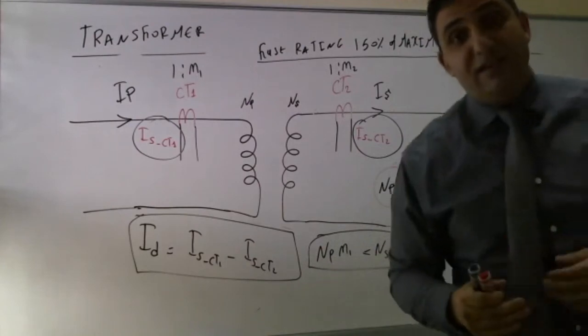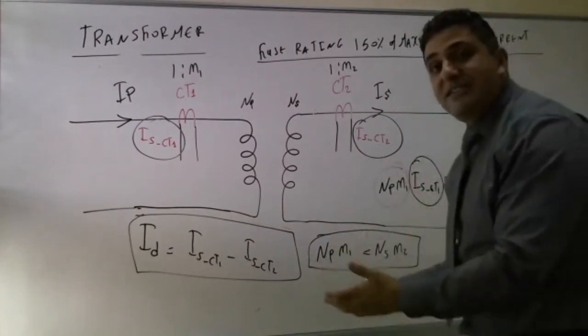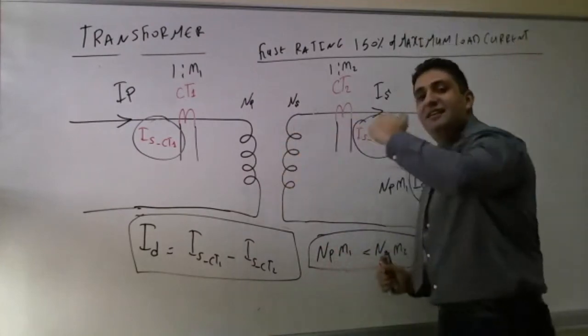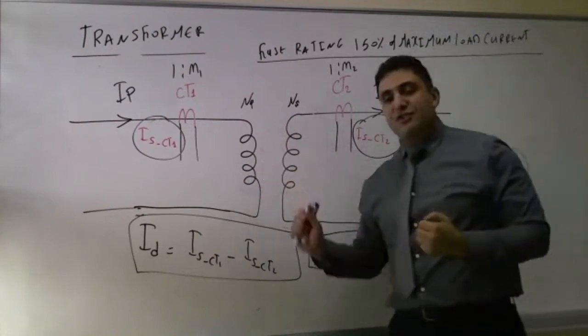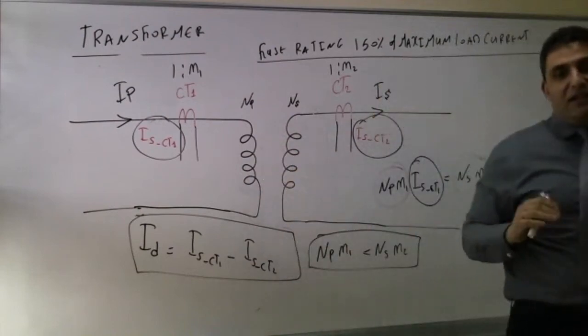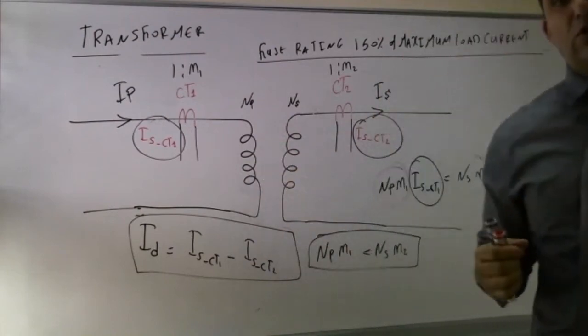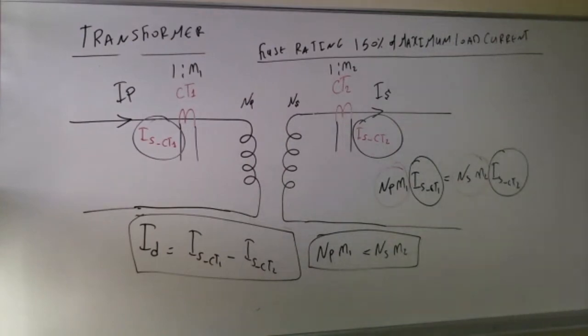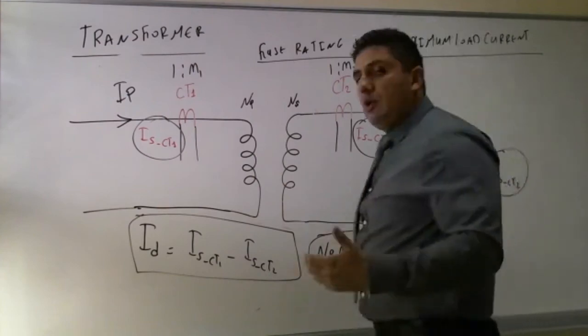However, in reality, it's not possible to obtain a CT ratio and a ratio of the transformer to match 100 percent. That's why I always have to take into consideration an error. Now, what's an error? Why do we have an error?